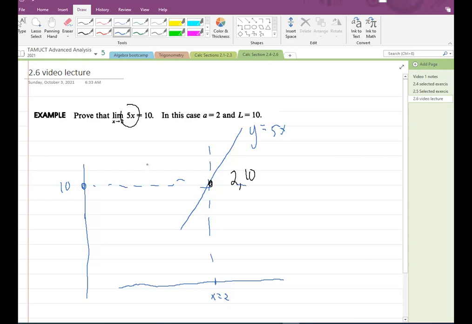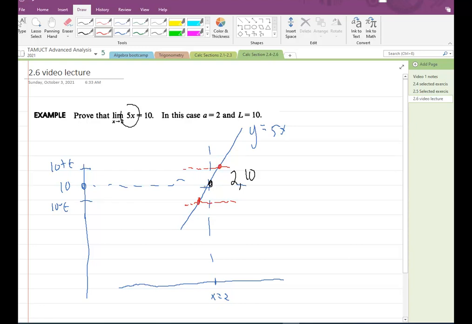Now the point is I can choose an epsilon: 10 plus epsilon and 10 minus epsilon. Here's my window. Let's draw some bars here, so that's my vertical window. Now you can see that this crosses at 2 points, and you know what these points are.